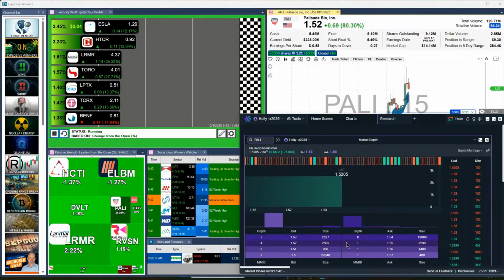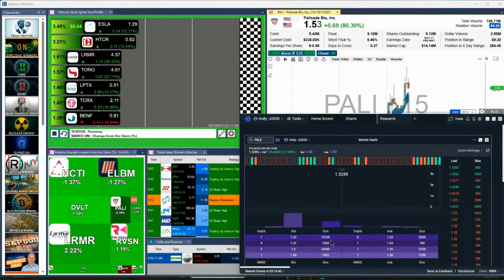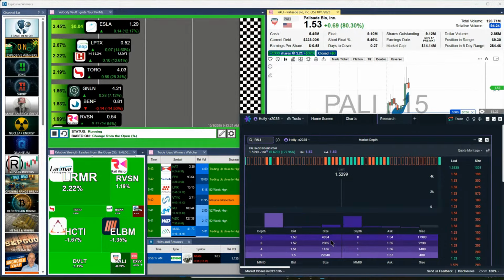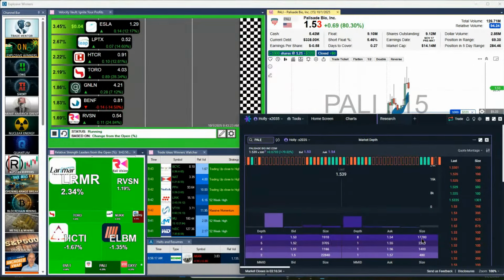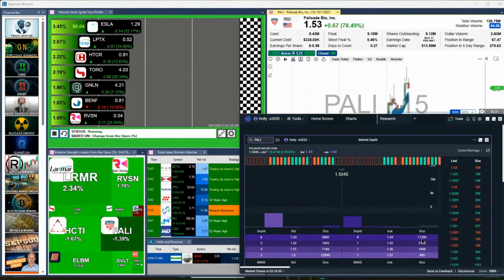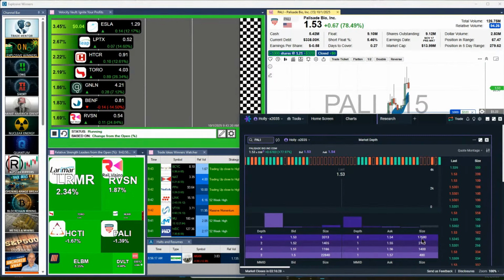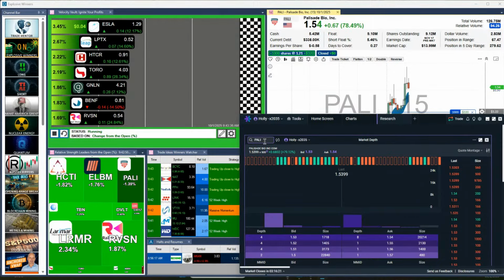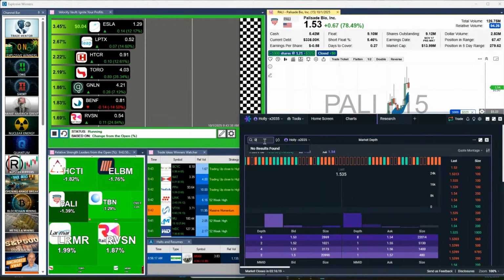Again, things move so quick on this that it is very difficult. And notice how some stuff just pops in. It's a big seller supposedly here, maybe. But compare this. This is one type of level 2, but here's another type.